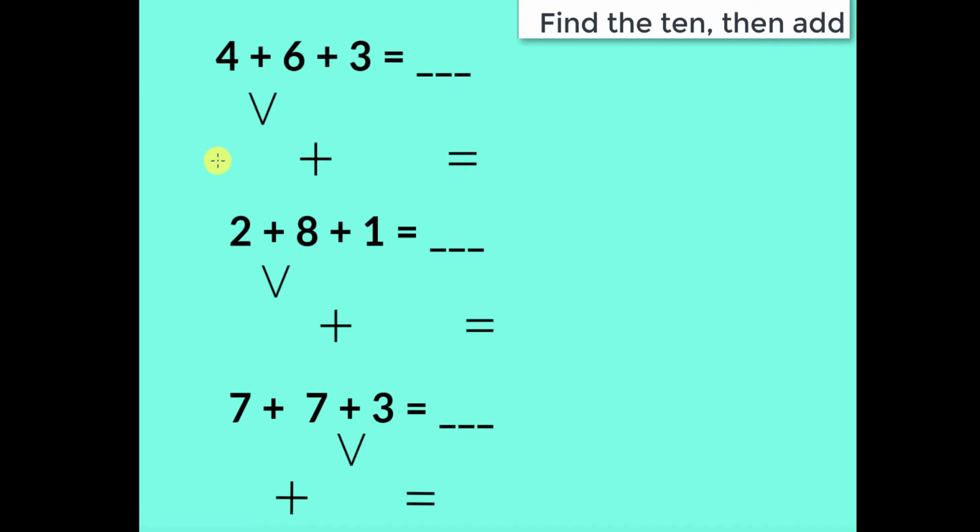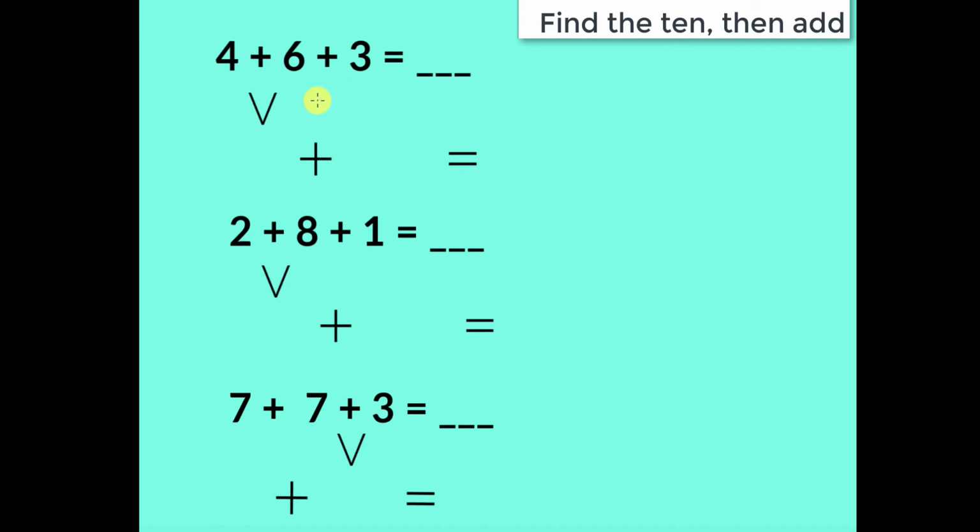Now, the very first thing, just for teaching and guided lessons or modeling, I have gone ahead and I have written in the little bracket or pointer that indicates the two numbers that make 10. But when you need to do it on a test, this may not be here. So you need to be able to identify what two numbers equal 10. So the very first thing when you're looking at three numbers that you're adding, you want to find the two numbers that make 10.